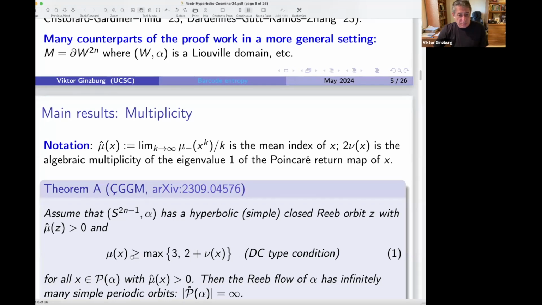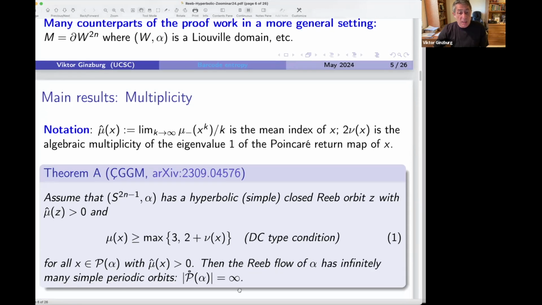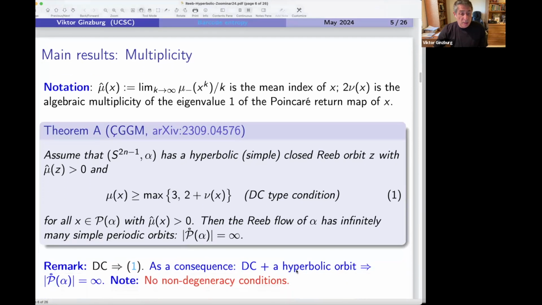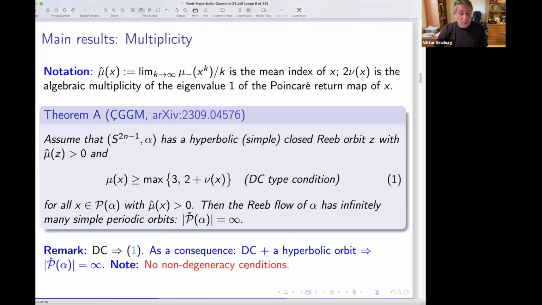So this is a lower bound on the index. Then there are infinitely many simple periodic orbits. So that's exactly an analog of the result for CP^n you get for the Reeb flow. One useful point here is that I'm imposing no non-degeneracy condition. Here, the flow can be completely degenerate, except, of course, this hyperbolic simple orbit is non-degenerate.